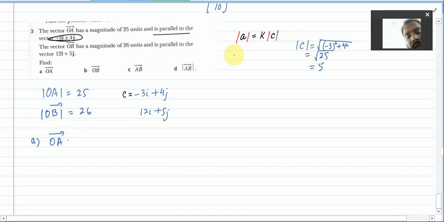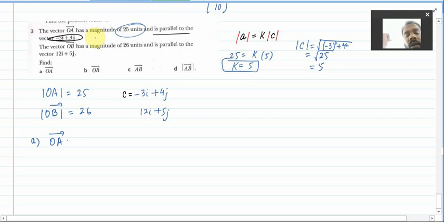So a is 25, c is 5, and we need to find the value of k here. So k equals 25 upon 5, which leads to 5. For all those four parts the value of k will be constant because the magnitude and the vector are the same. Alright class, we are going to apply the same approach for B, but before that we need to find the vector OA.